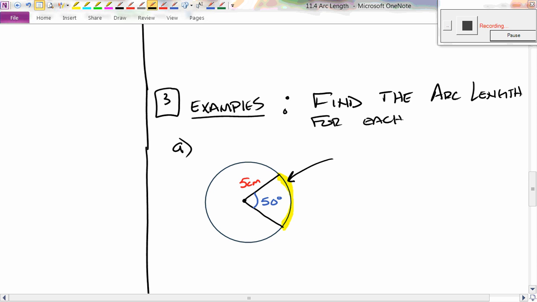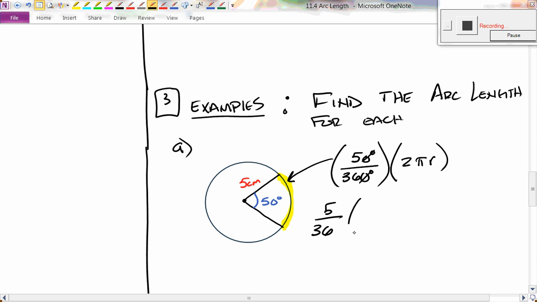We're going to use the arc length corollary: we take 50 degrees, our central angle, divide it by 360 degrees because that's the total in the circle, and then multiply that by the total circumference of 2 pi r. So 50 divided by 360 becomes 5 over 36, multiplied by 2 pi r, which would be 2 times pi times a radius of 5. And remember, you guys, that's all over 1.